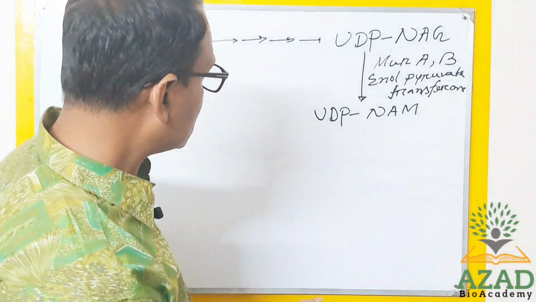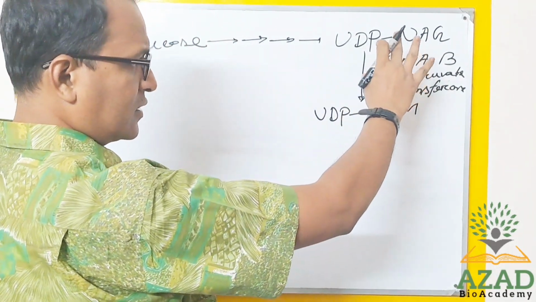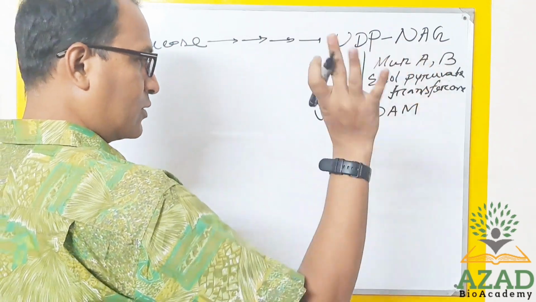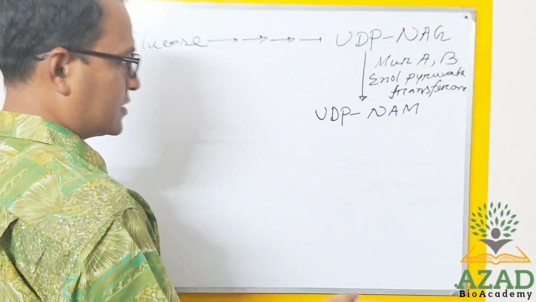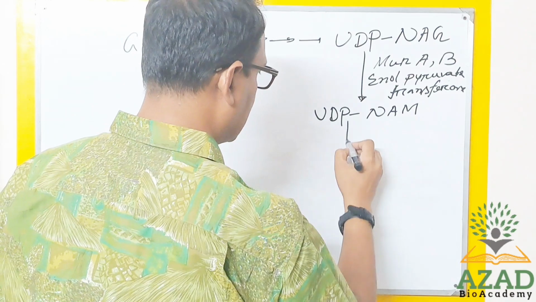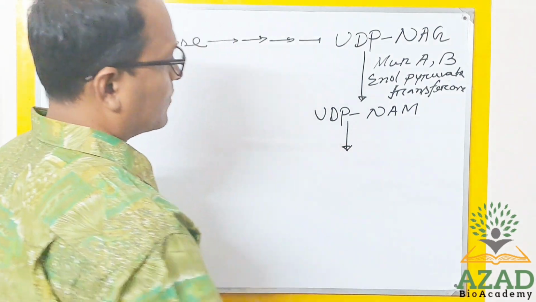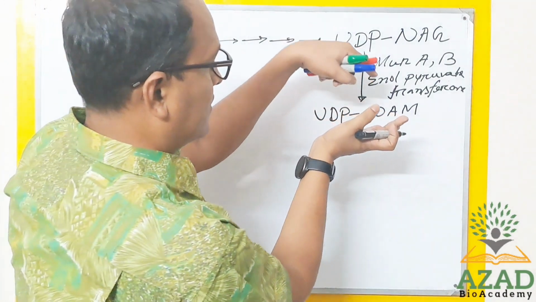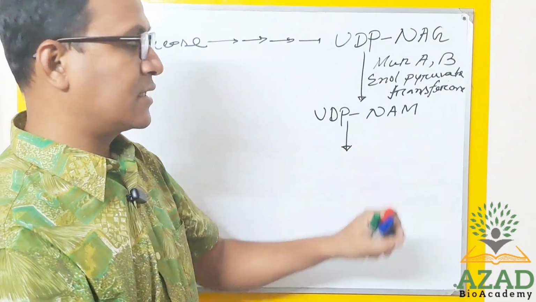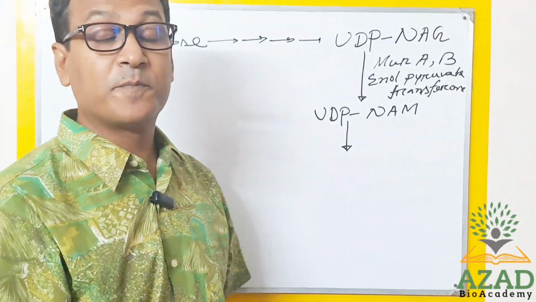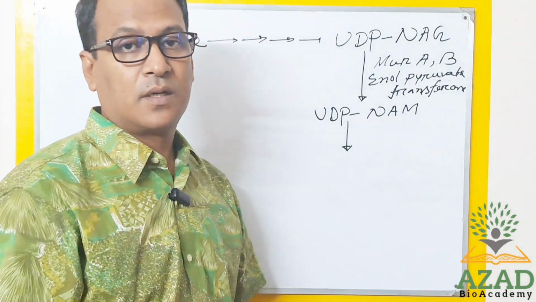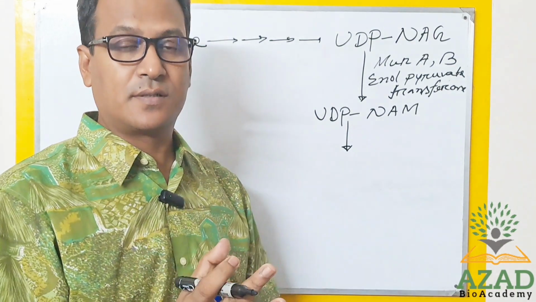Okay, so this enzyme is very important. Some antibiotics will work on it. I will explain that in the antibiotic stage. The next, that N-acetylmuramic acid will carry some amino acids, that is the peptide.